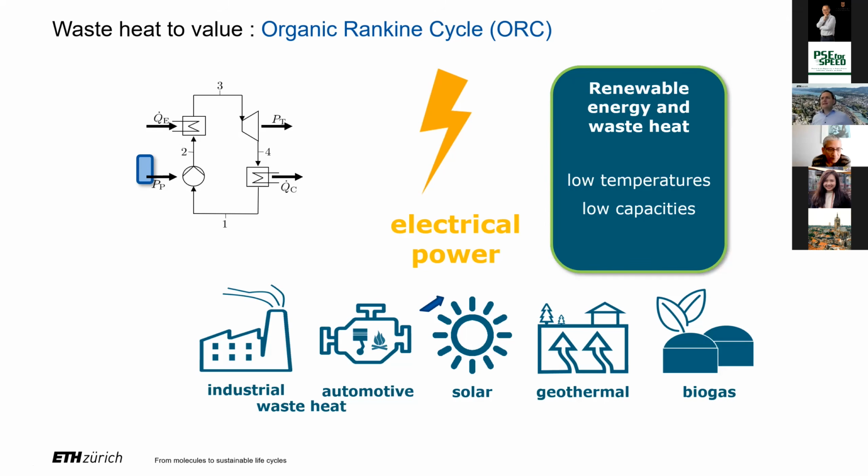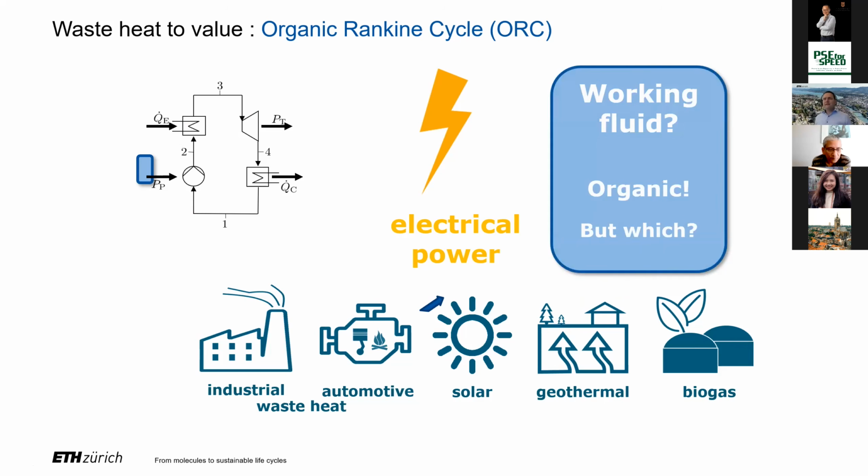Another thing is that these sources are usually much smaller in size, and you also don't want to install a steam turbine, which is by design complex and usually multi-stage, so we have much lower capacities. In order to accommodate these two factors, it becomes viable and a good idea to step away from water and to find another molecule that replaces water as a working fluid.